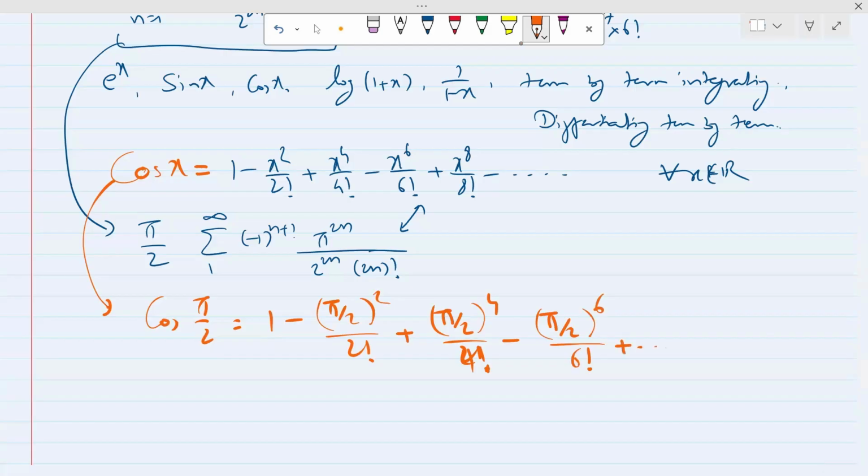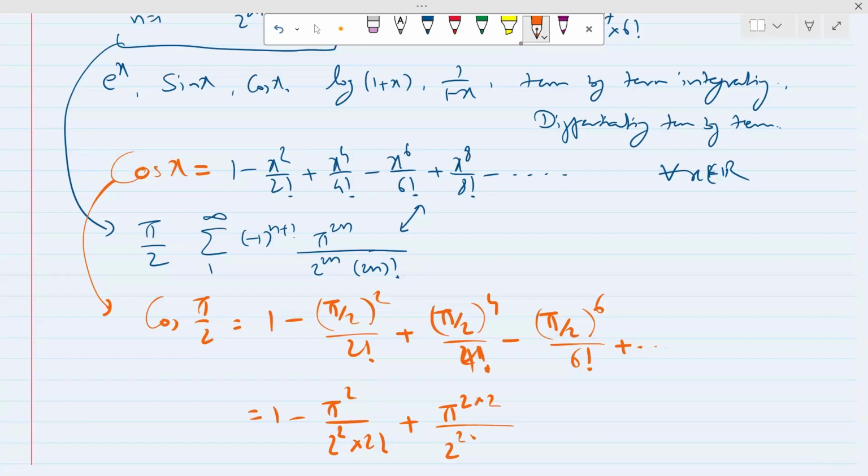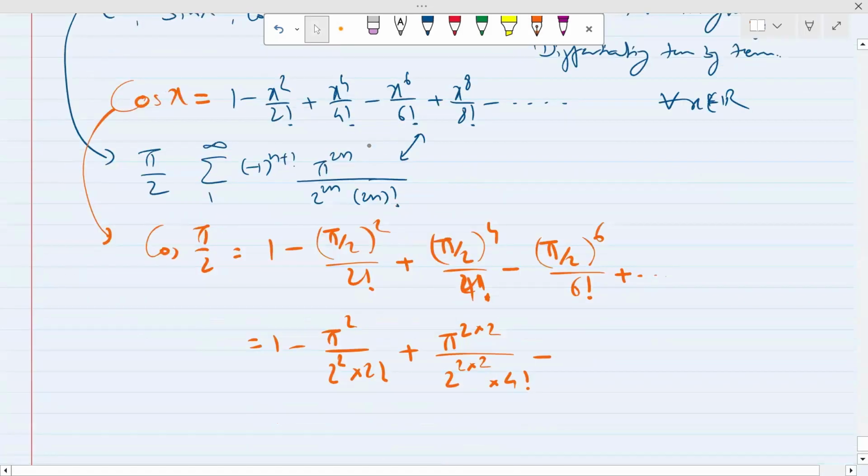So that's 1 minus pi square upon 2 square into 2 factorial plus pi raised to 2 into 2 upon 2 raised to 2 into 2 into 4 factorial, minus pi raised to 2 into 3 upon 2 raised to 2 into 3 into 6 factorial.